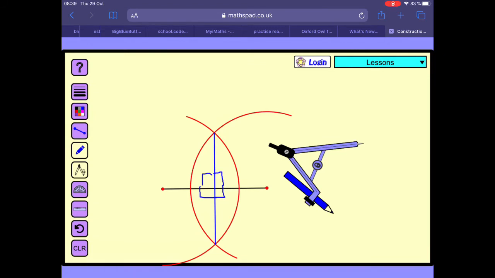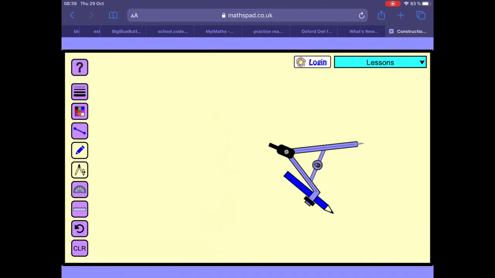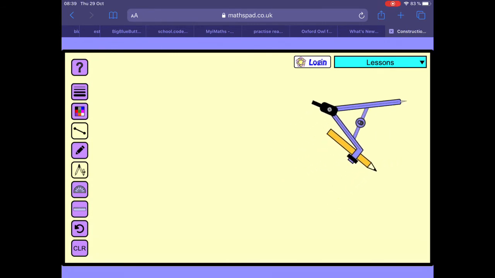Let's move on to the final construction for today, which is to find the perpendicular to a line through a given point. So here we go. Once again, let's move the compass out of the way. You are going to start with a line.